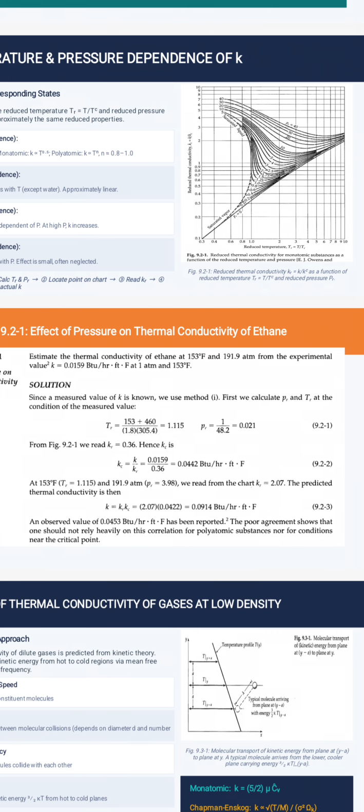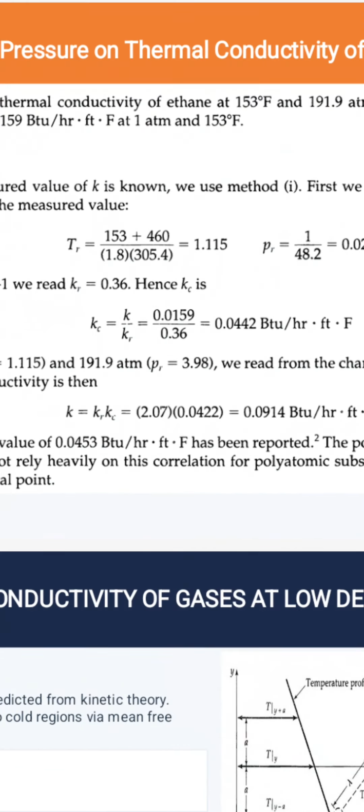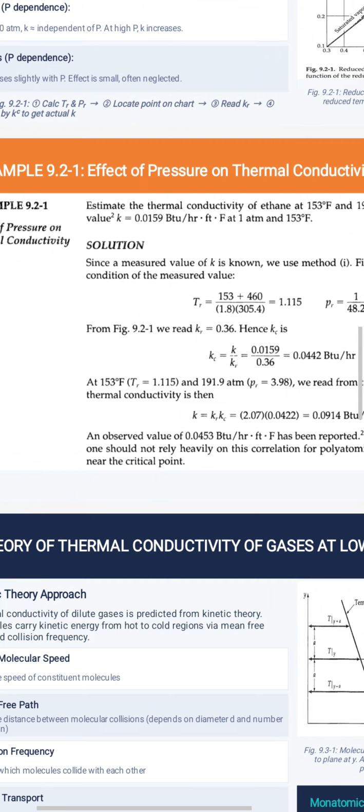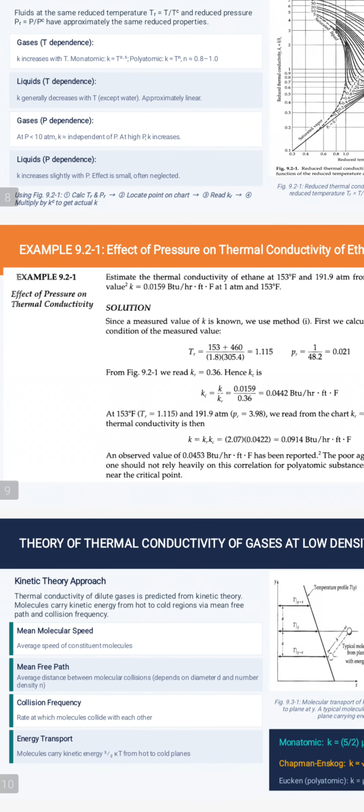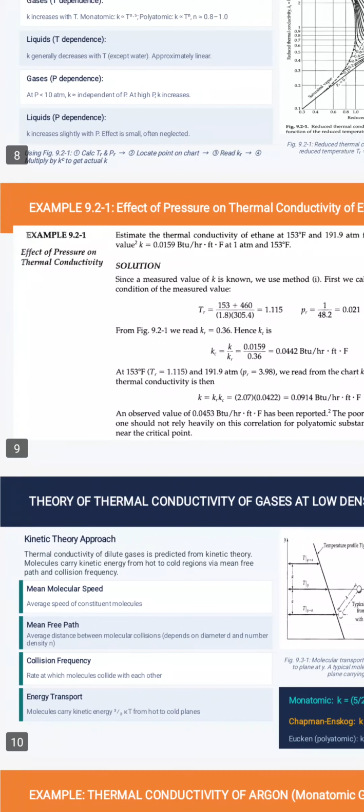Similarly, we calculate reduced pressure and we get the value of Kc from the graph. At 153 degree Fahrenheit and 191.9 atm, we read from the chart that Kr is equal to 2.07. The predicted thermal conductivity then will be K equal to Kr times Kc, which gives us 0.0914 BTU per hour feet Fahrenheit.